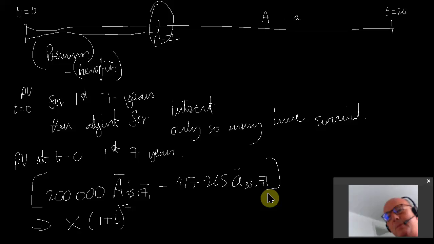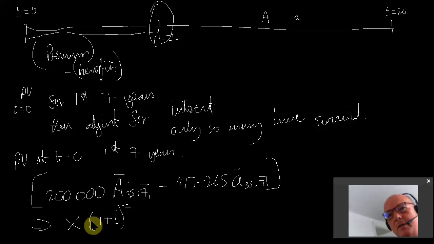If I've only got 80 people left, that reserve needs to be divided across the 80 people, so it's shared by fewer people. So I need to divide by the survival rate to adjust for the fact that I've only got 80 people left to share that reserve across.